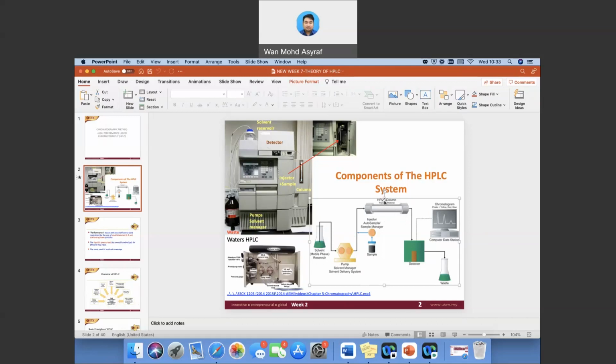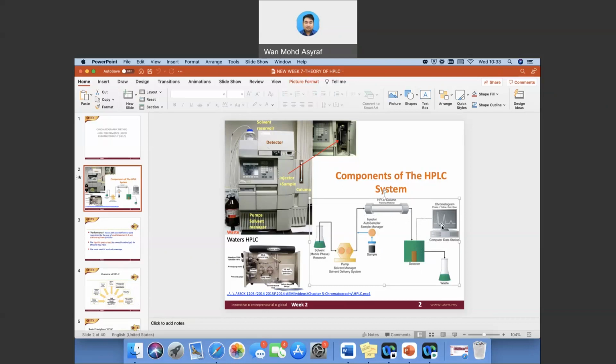The separation happens inside the column, as I mentioned before, when the analyte is distributed between the mobile phase and the stationary phase. After the separation, the separated compounds will elute and be detected by the detector, and then recorded by your computer data station here. So that is the brief components of the HPLC system.